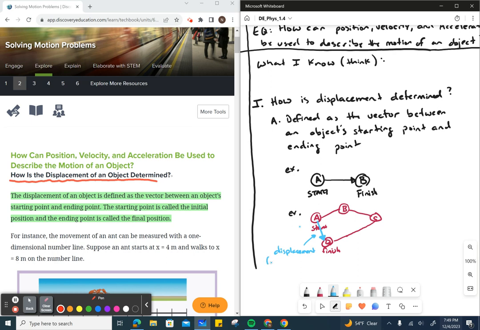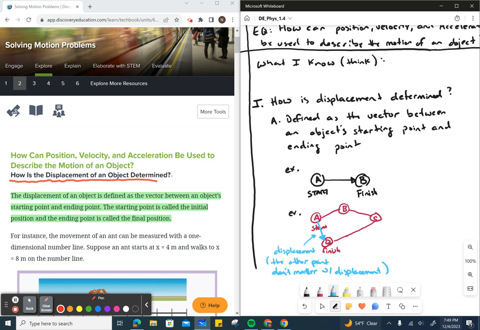It's the distance from start to finish. The other points don't matter with displacement.